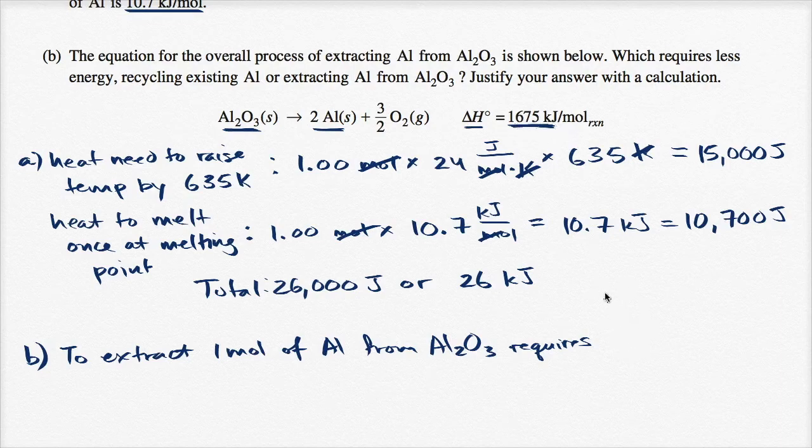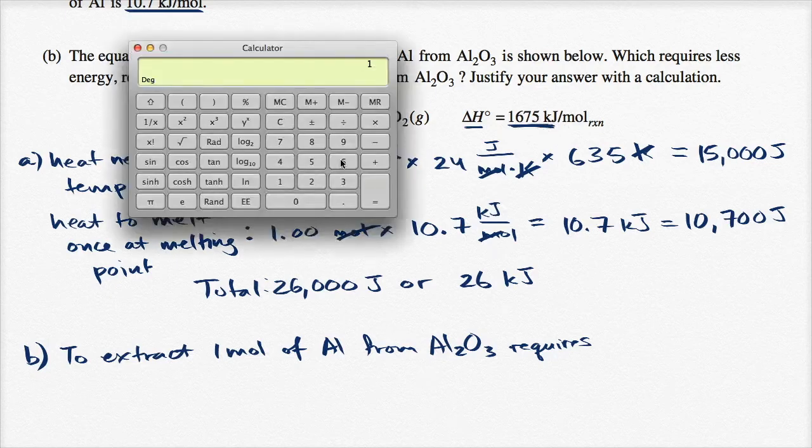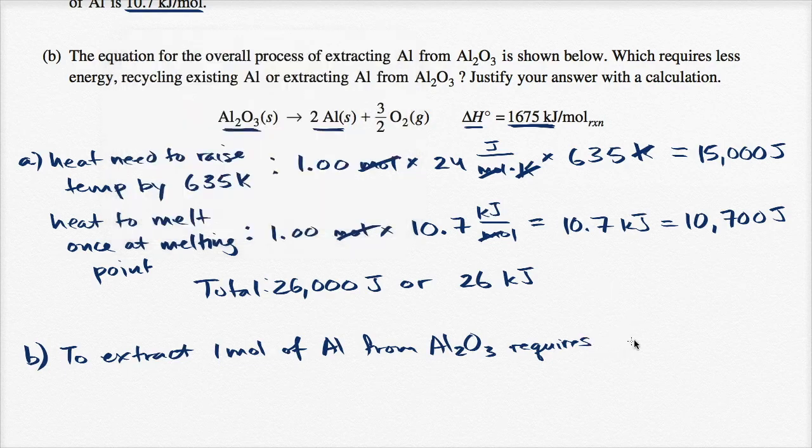It requires 1,675 kilojoules divided by 2. 1,675 divided by 2 is equal to 837.5 kilojoules. Yep, that's half, and I had 4 significant digits here, and I still have 4 significant digits.